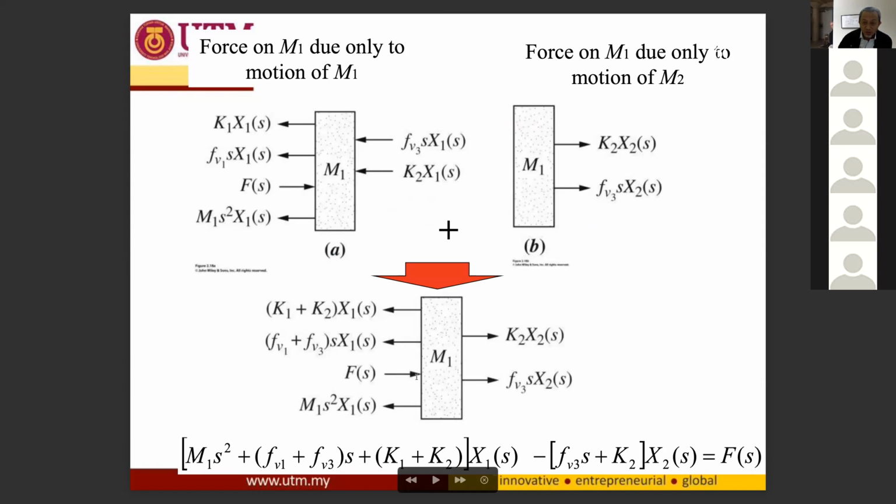See, there is K2 X2, Fv s X2, plus F. So when you leave F(s) alone on the right and bring this one to the left, that's why it becomes negative. Thank you, Doctor.